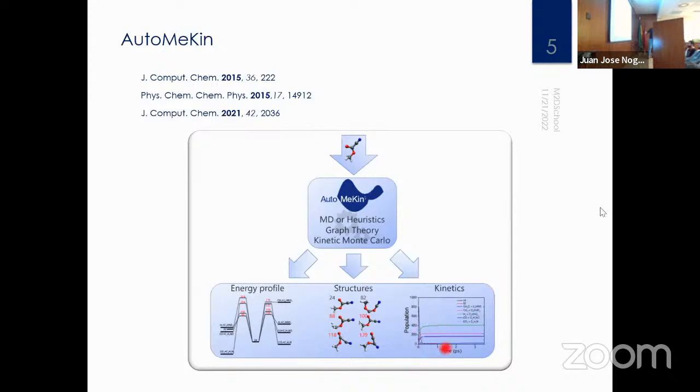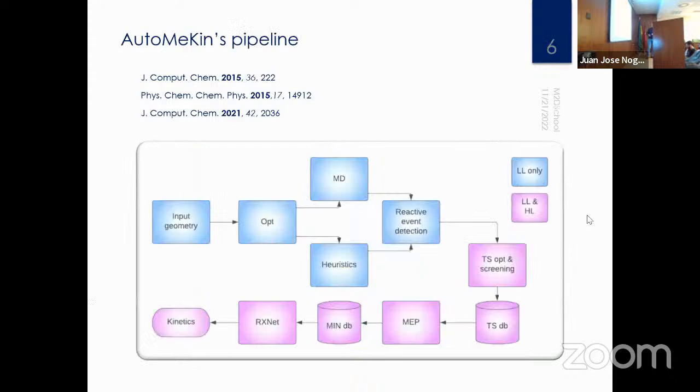You can see some population for some of the intermediates. And I guess this is very useful. And obviously, the infinite time population for the products gives you the branching ratio for the different products. So this is the type of results that we get. And these are the methods that I will explain in detail in a moment.